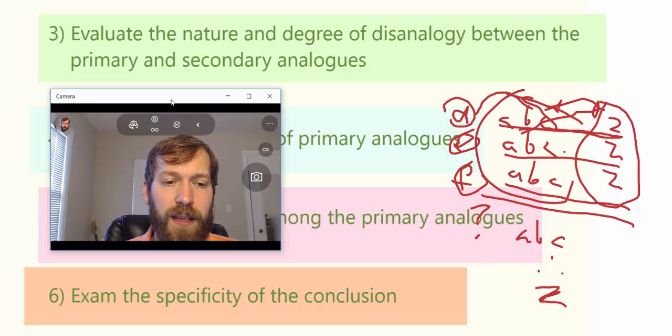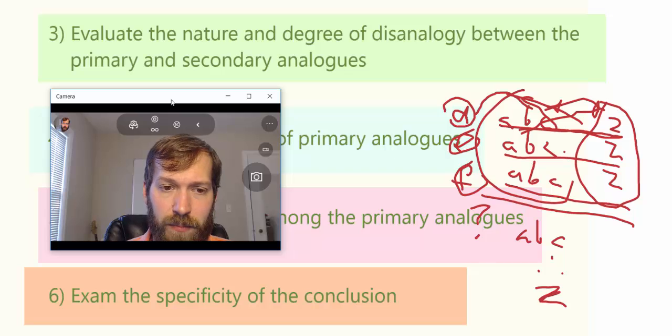But the point is, make sure to think about the conclusion and whether the conclusion is worded in a way that's easier to meet, in which case it makes the argument stronger in the sense that the conclusion is more likely to be true than false. Or if it makes it harder to get the conclusion to be true, in which case it weakens the argument, because it's making it such that the conclusion is less likely to be true than false.